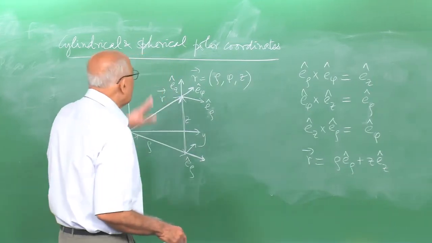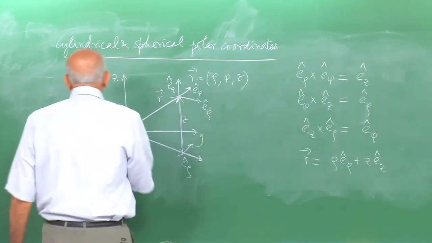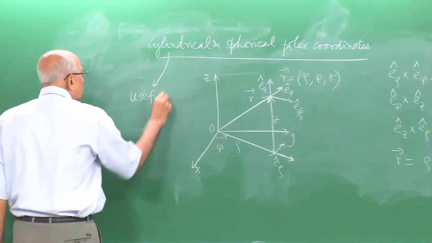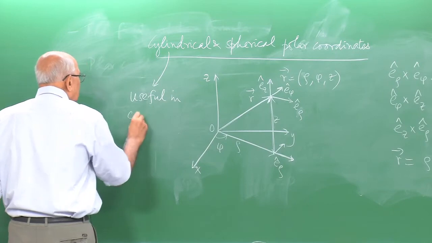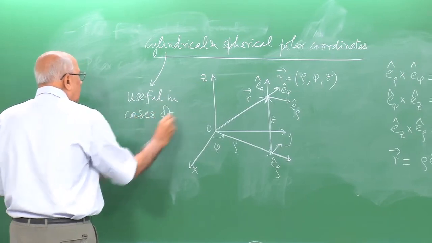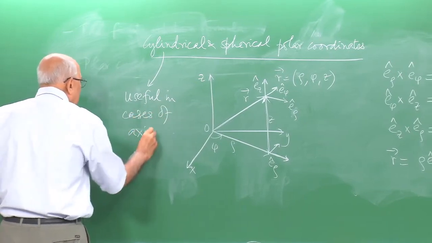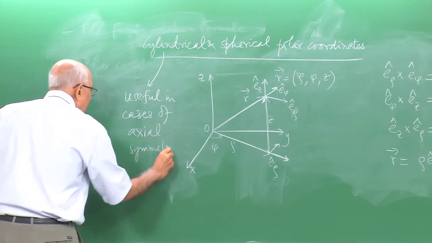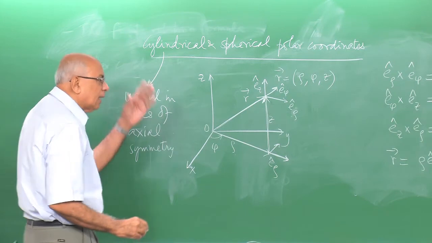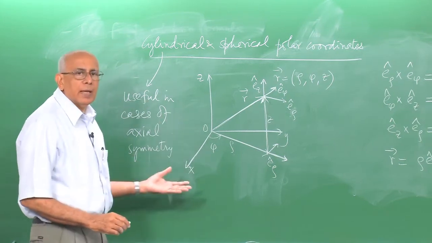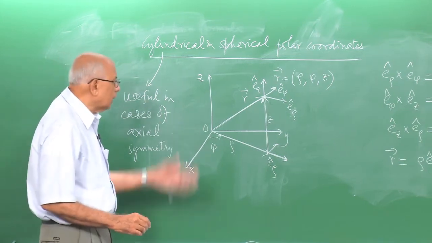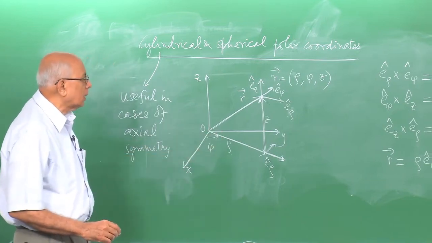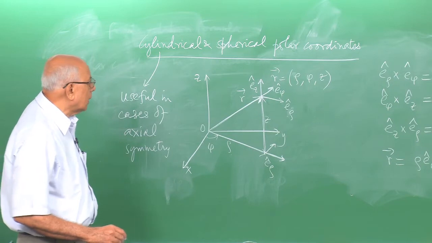So it's useful in cases of cylindrical or axial symmetry. If there's a preferred axis, then it's convenient to choose that as the z axis or a preferred direction and use plane polar coordinates in the plane perpendicular to it. So that's the use of cylindrical polar coordinates.